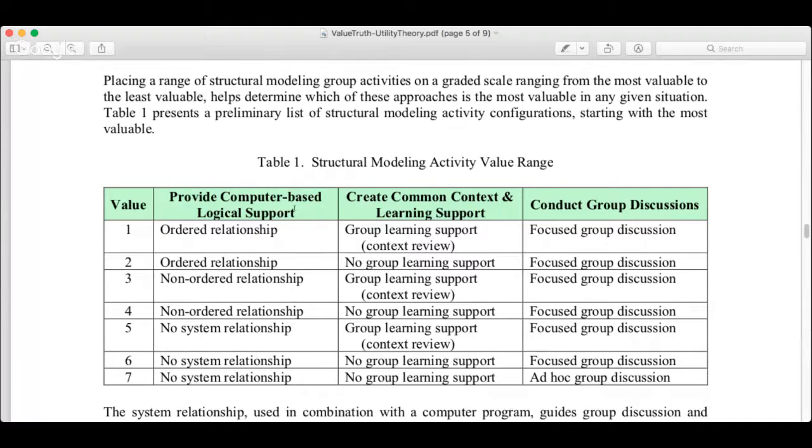So between BOTSAT, which is just an ad hoc group discussion, and a highly ordered focus group discussion that has a tremendous amount of context and learning support, there are many different variations.